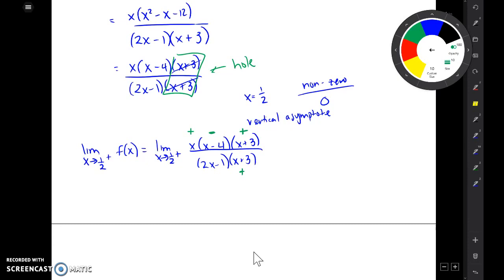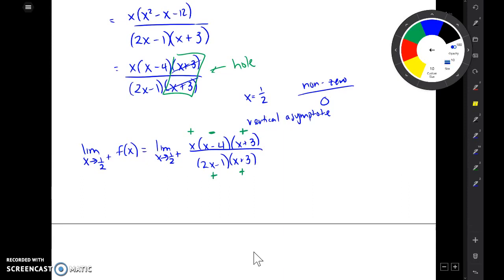Now here's where I have to really think, because I can't just think about plugging 1/2 in here because that results in 0. But I want to think about whether it's, this is going to sound weird, a positive 0 or a negative 0. It's going to be a positive 0 because if you think about a number just bigger than 1/2, so 0.5 is 1/2, think about 0.6. 2 times 0.6 would be 1.2. 1.2 minus 1 is a positive number.